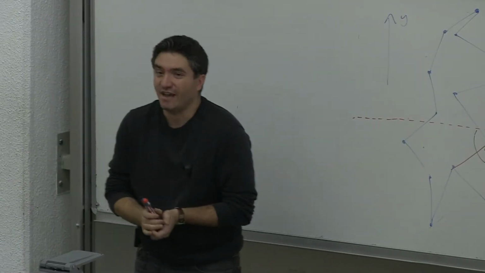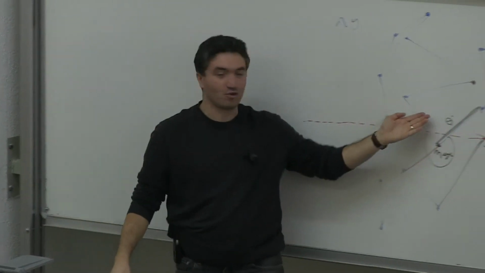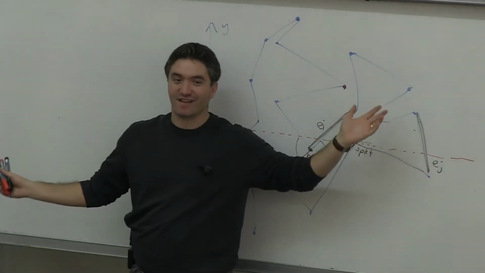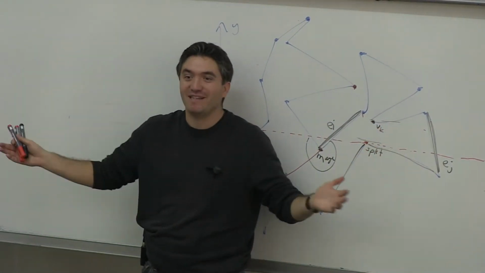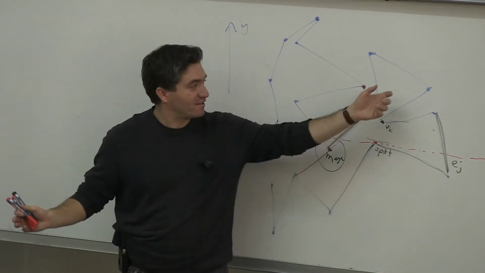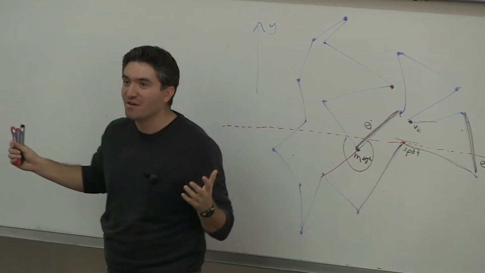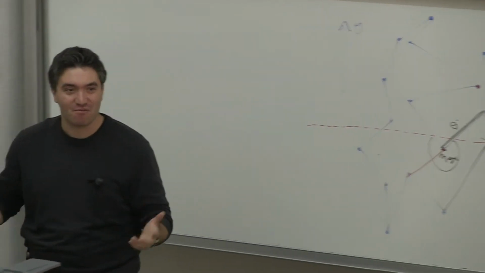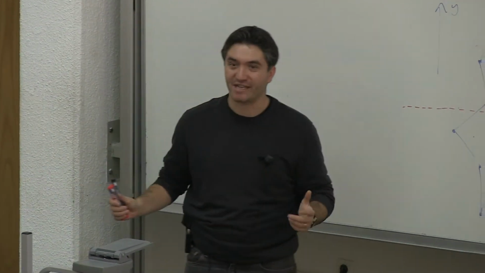This vertex VK is neither incident to EI nor EJ. This is completely unrelated to EI and EJ. It's somewhere in between. So how are we going to find this safe vertex? That's going to be the next issue.